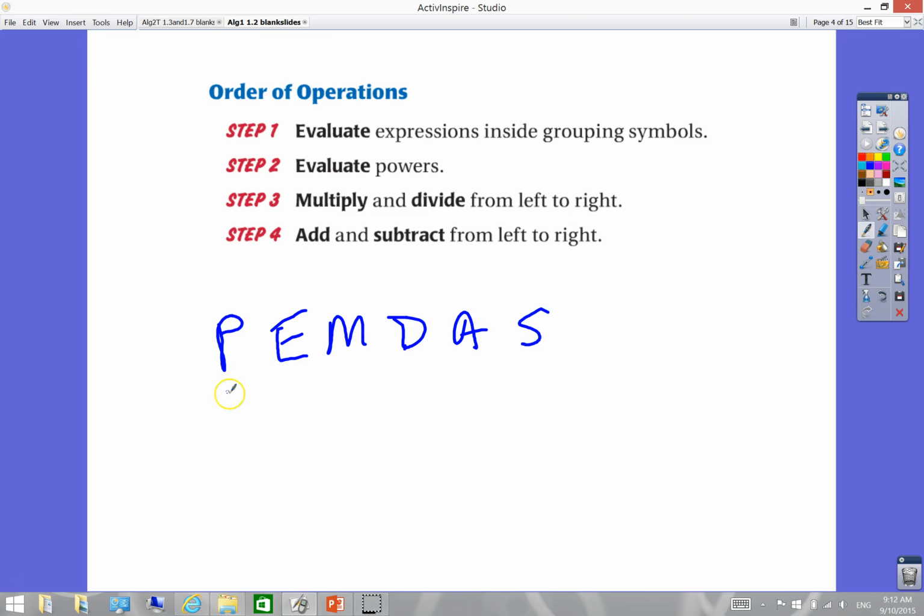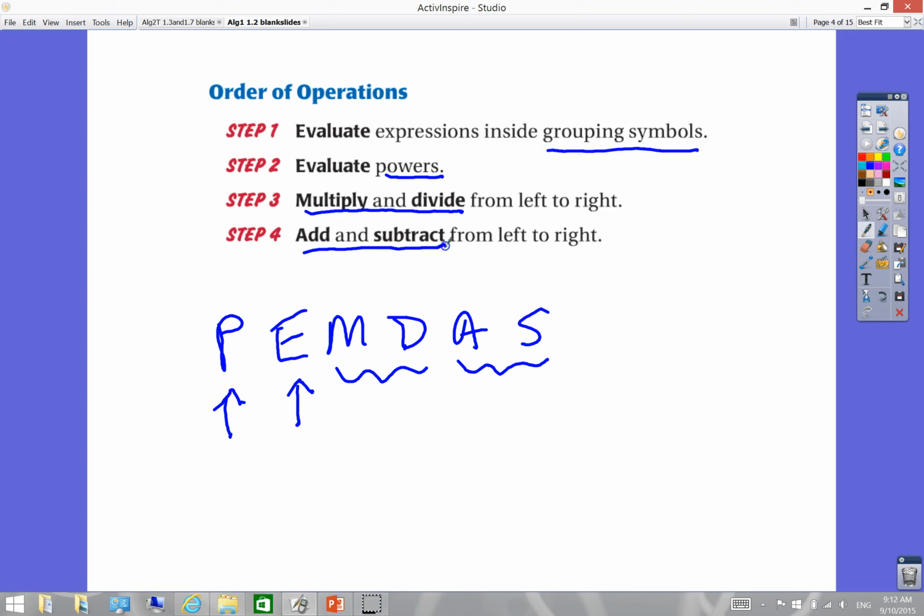So in PEMDAS, the P stands for parentheses, and they have grouping symbols in their first step. The E stands for exponents, and they say powers. And the M and the D stand for multiplication and division. There you go. And the A and the S, addition and subtraction.